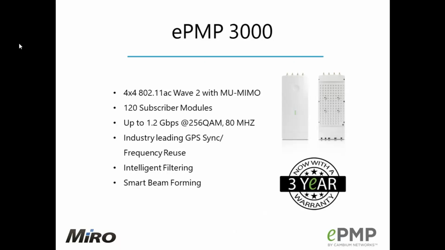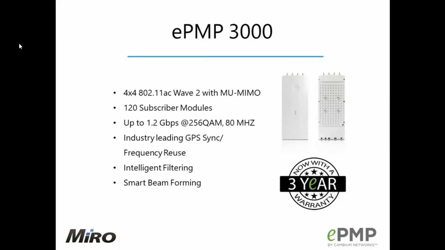So as a rule of thumb, this radio is already speaking to two SMs at once, meaning that it's going to serve your total amount of subscriber modules, or your clients, in half the time that a normal base station would take. Obviously, being a flagship unit within the ePMP range, this unit can max out at 120 subscriber modules. So that's a fair amount.